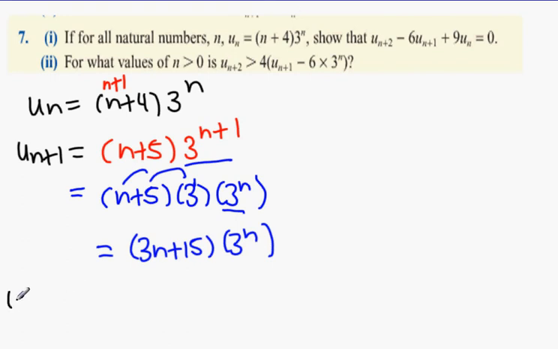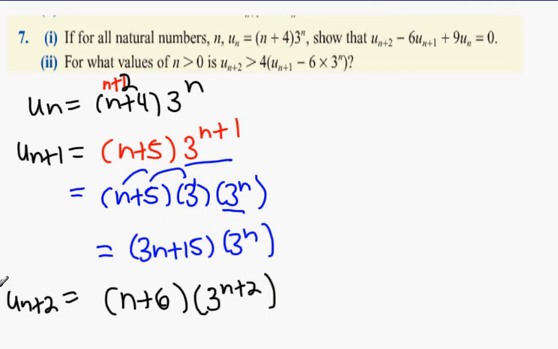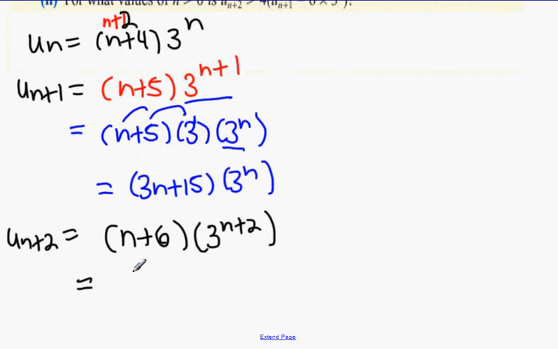Next one I'm going to do is u to the n plus 2. Once again, very similar. What did we start off with? It was n plus 4, now it's going to be n plus 6, because that's n plus 2. And then it's going to be 3 to the n plus 2. Break it up: n plus 6, 3 squared by 3 to the n.